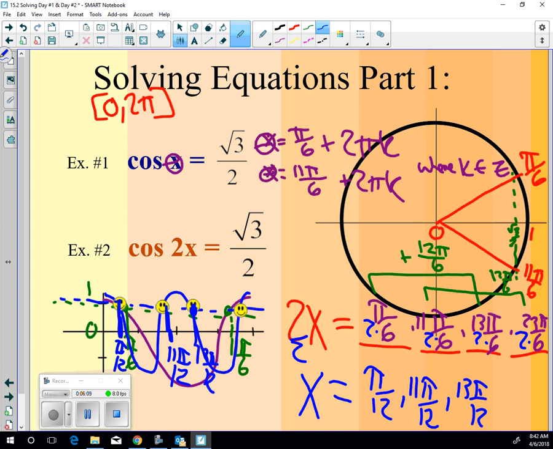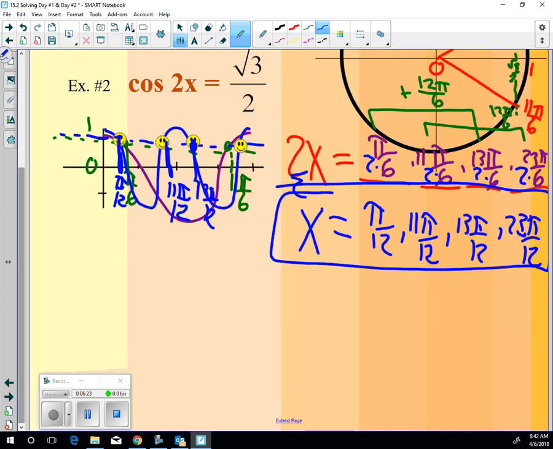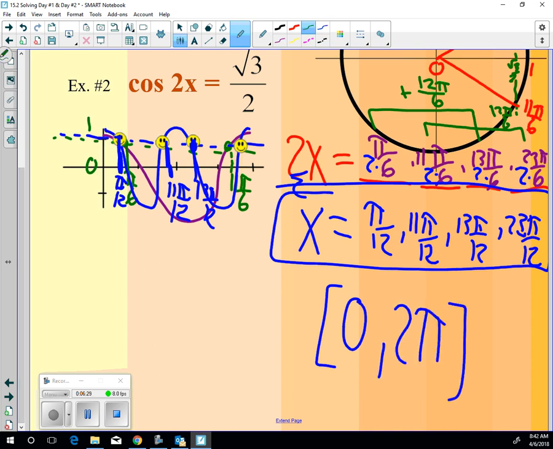And then the last one is really close to 2 pi, 23 pi over 12. What's neat about this is that these are all between 0 and 2 pi.